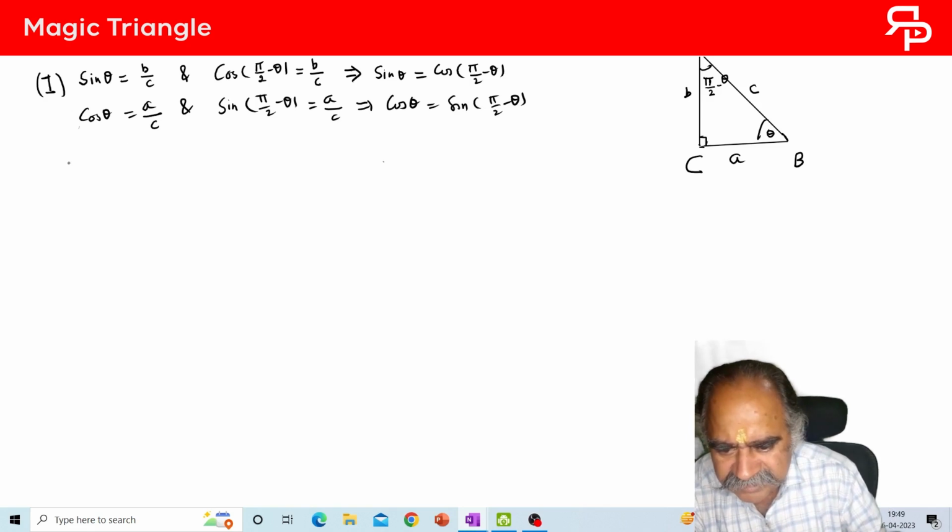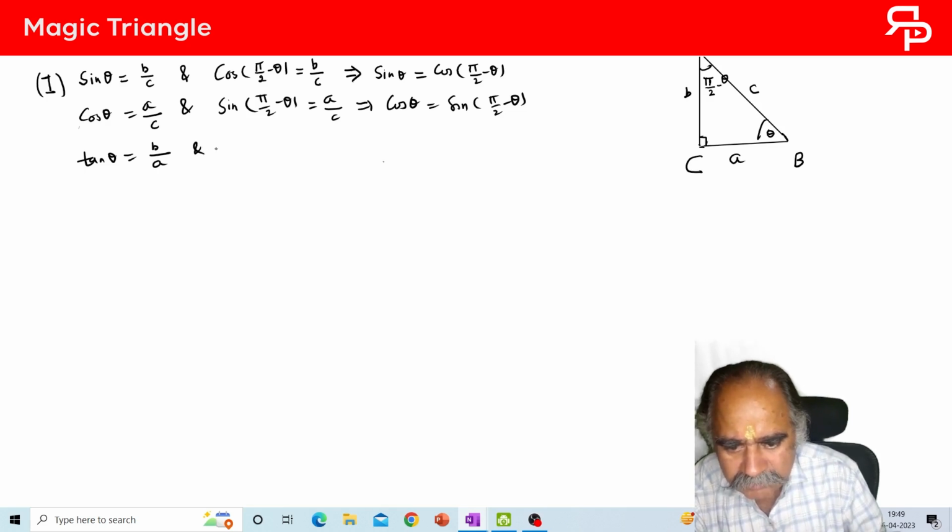The next is tan theta. Tan theta is opposite side upon adjacent side. Opposite side of angle theta is b and adjacent side is a. And what is cot of pi by 2 minus theta?